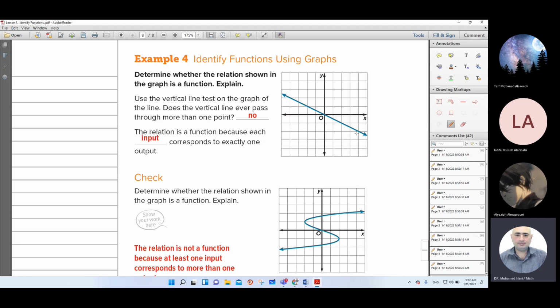As you see here, each point has a different value of x. Each point on this line has a different value of x. So the answer is no, which means the relation is a function because each input corresponds to exactly one output.